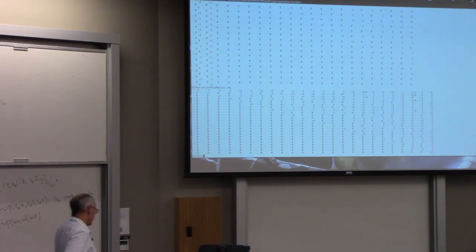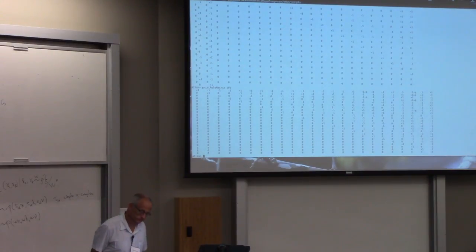So Lusztig has used different normalizations. You can multiply the polynomial by an integer power of q, and various versions are interesting in different contexts.